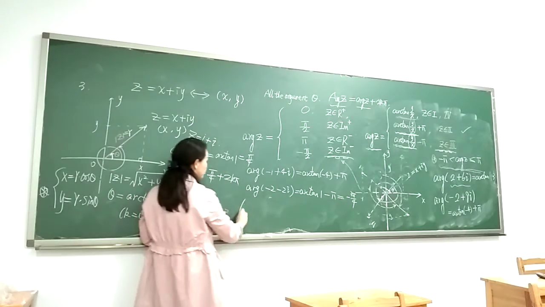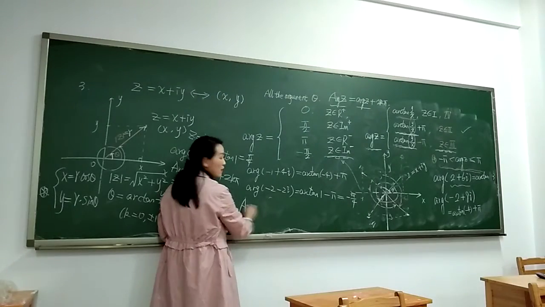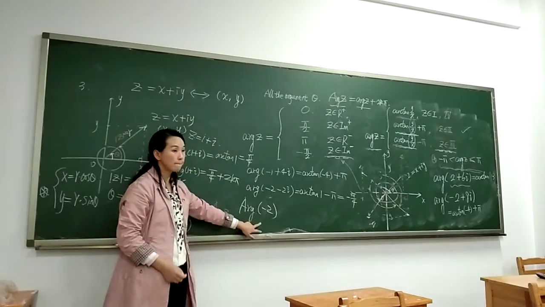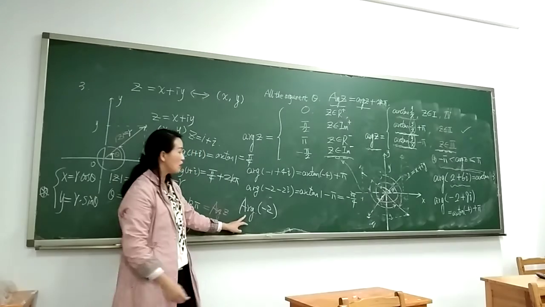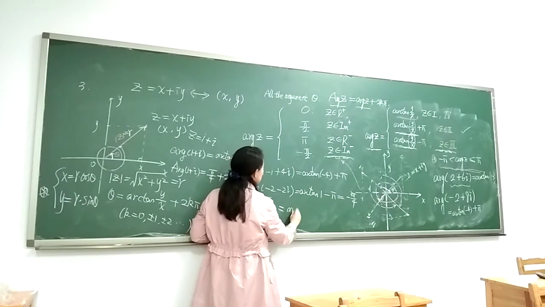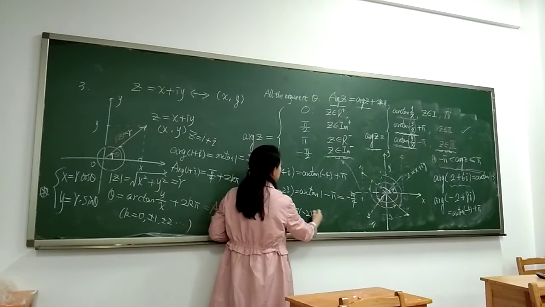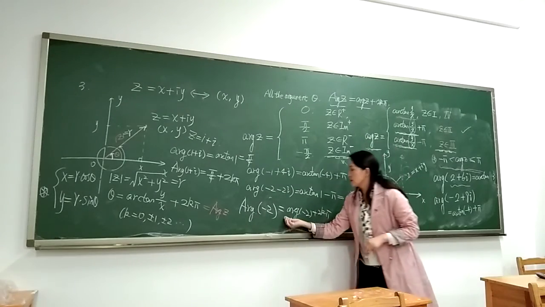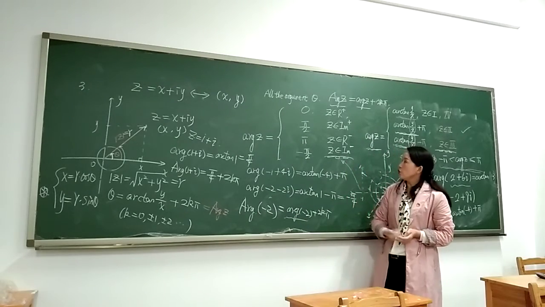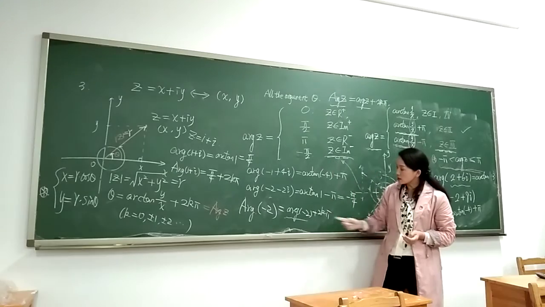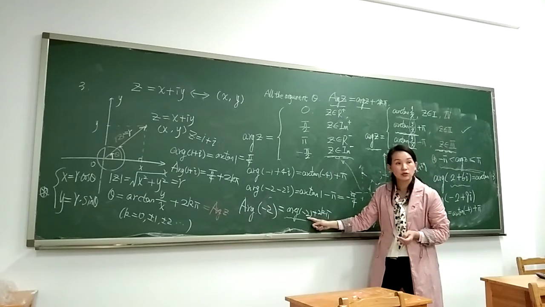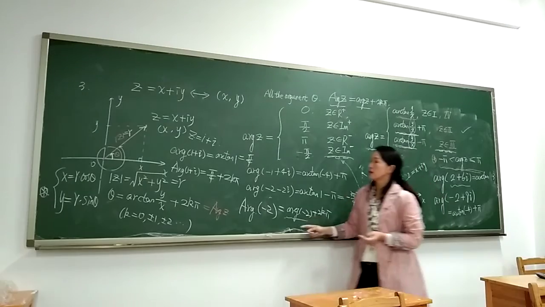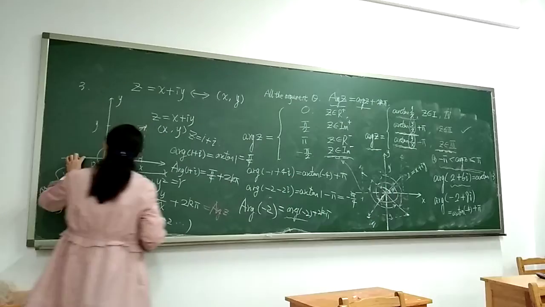For example, if you compute this one, this is big. So first you compute this first, then plus 2k pi. But this, I have told you, you can use this formula because this is minus 2, negative 2. Minus 2 is here.